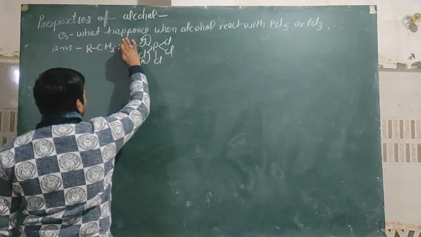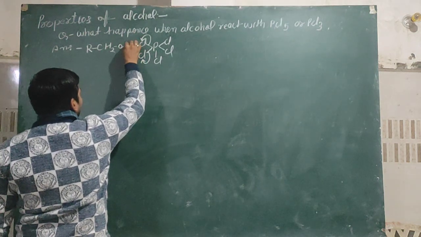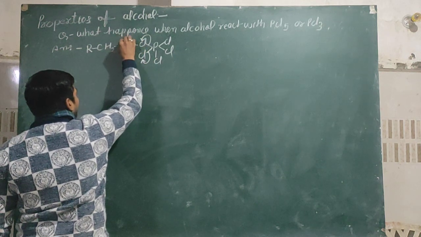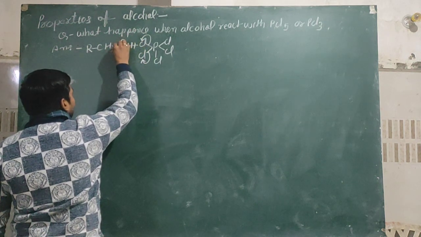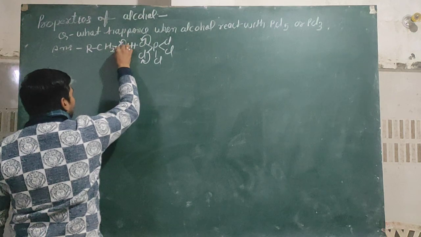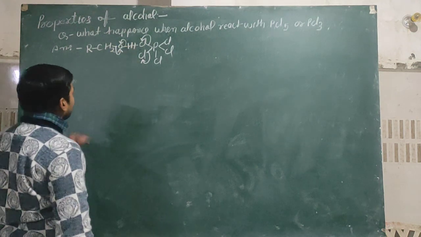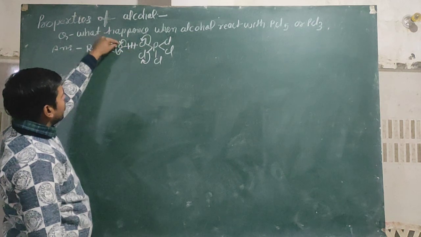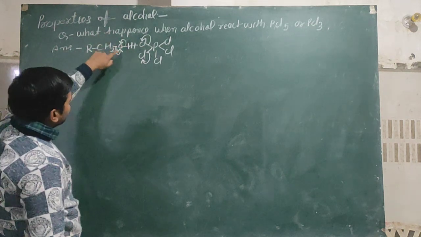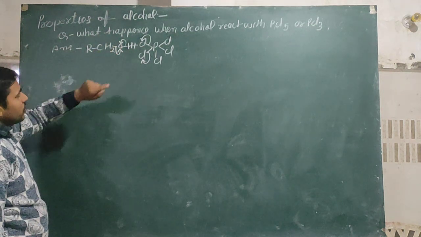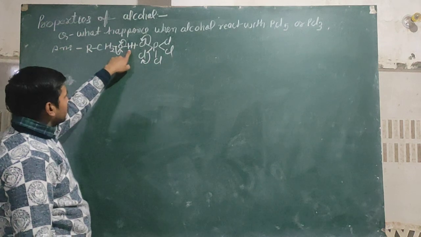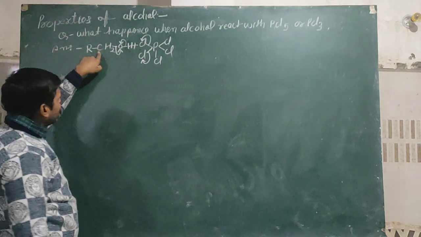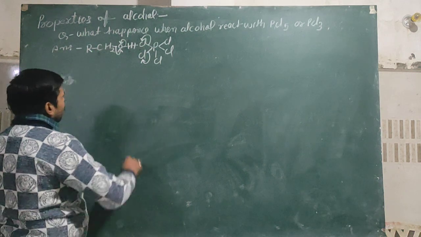The electronegativity of oxygen is greater than that of hydrogen as well as carbon. Thus, if both bonds break from carbon and hydrogen toward the oxygen atom, then oxygen forms a 2 negative charge, hydrogen forms a 1 positive charge, and carbon also forms a 1 positive charge.